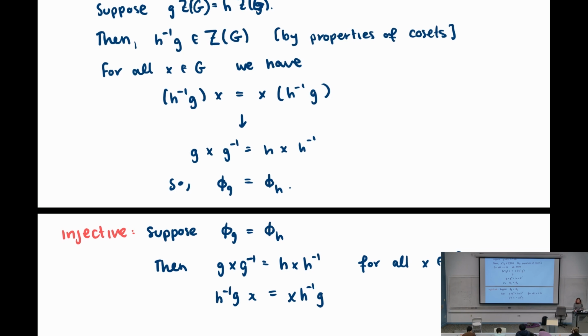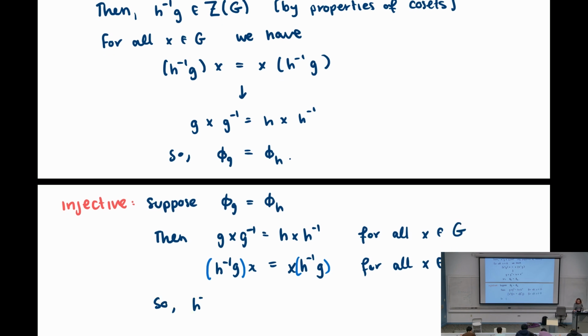And so h inverse g commutes with all x's. So h inverse g is in the center of G. And by the coset properties, this implies that gZ(G) is equal to hZ(G).